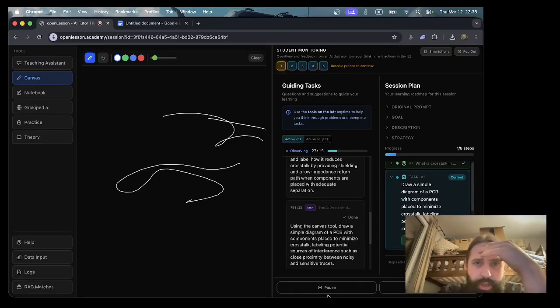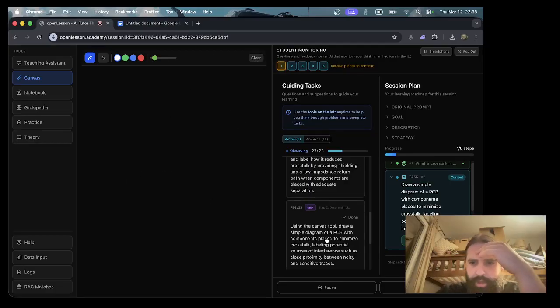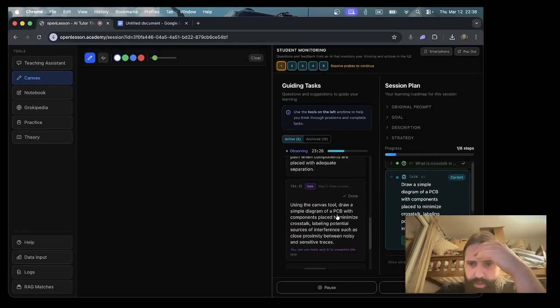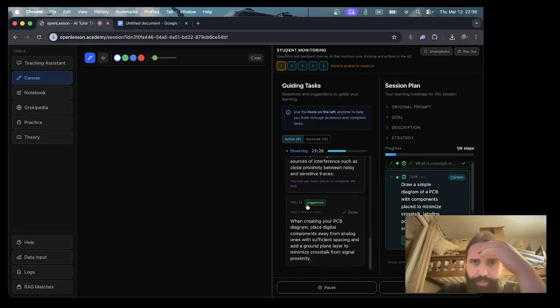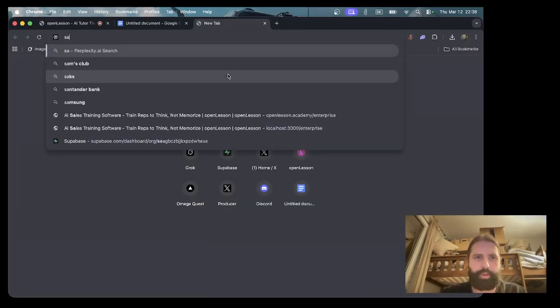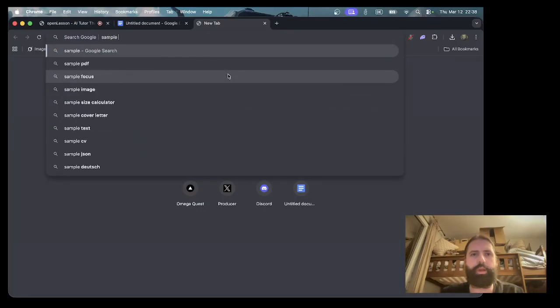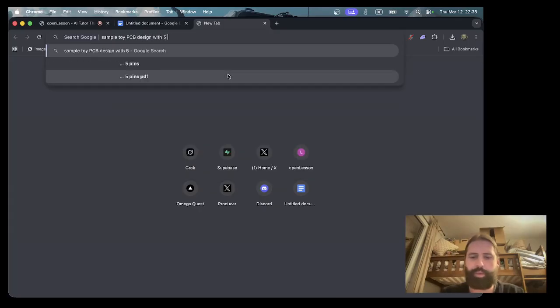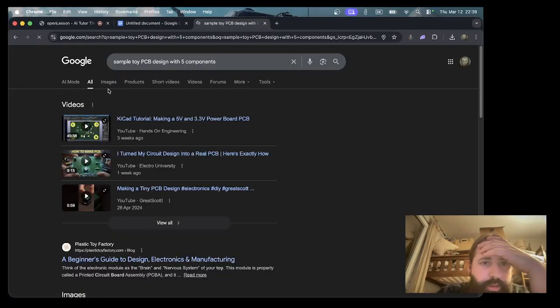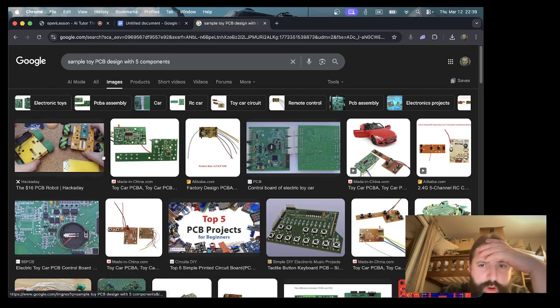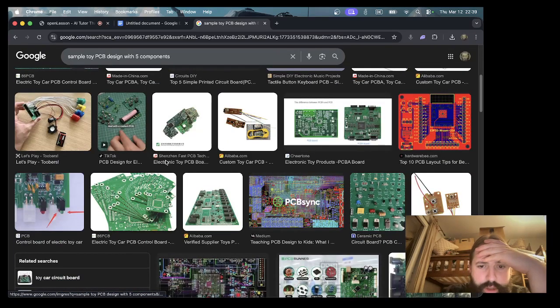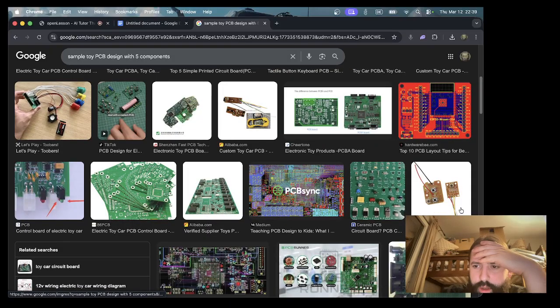What I will do is look for a sample. Let's look on Google for a sample toy PCB design with 5 components, something like these images. Let's try to analyze something simple.